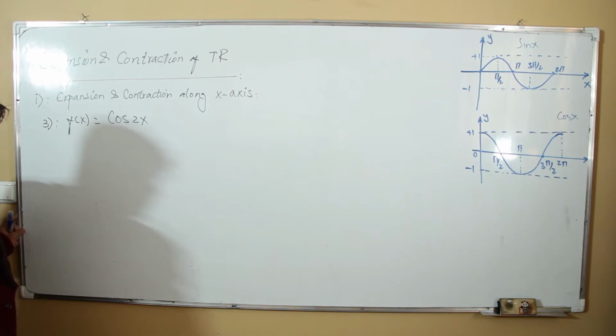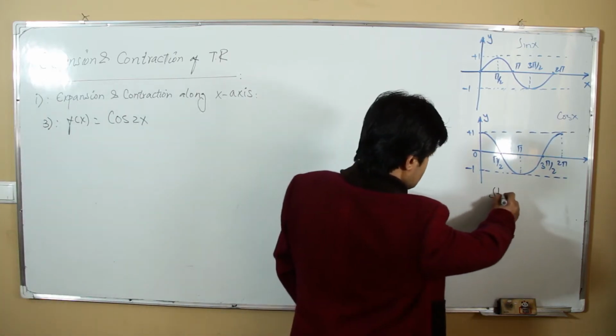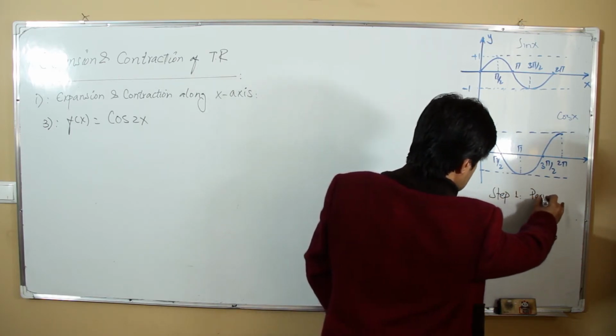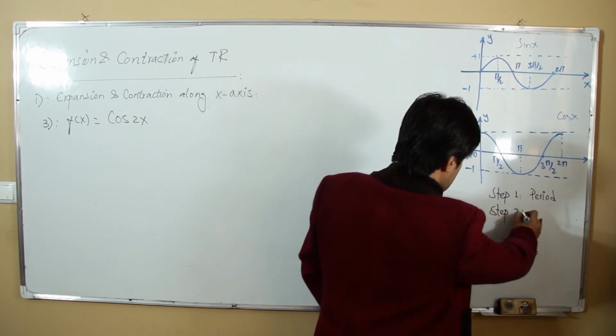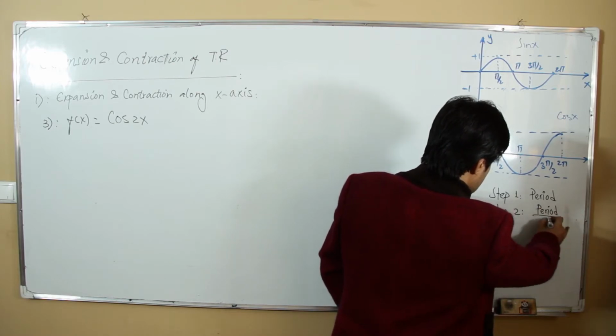First you have to find the period. Step number 1, you have to find what? Period. Step 2, divide this period on 4.